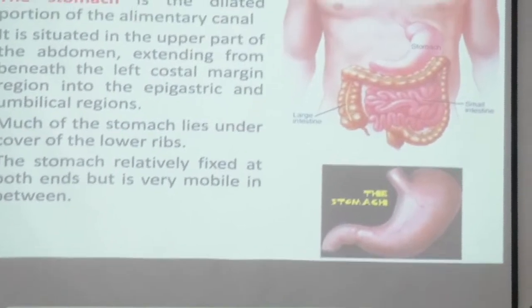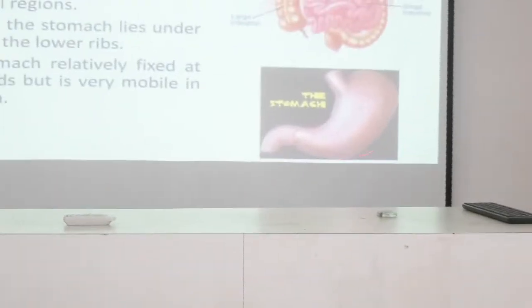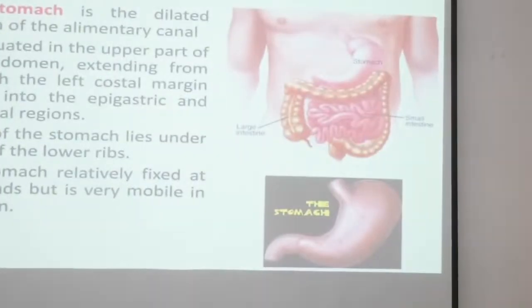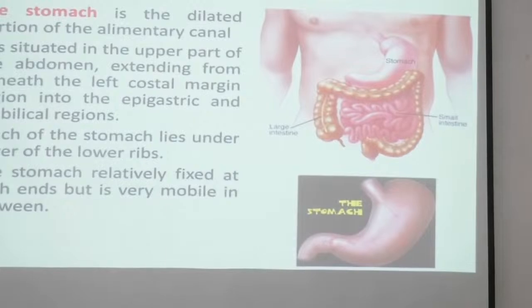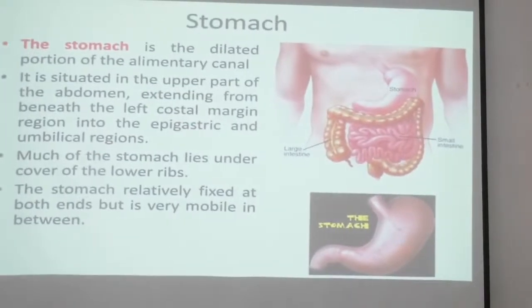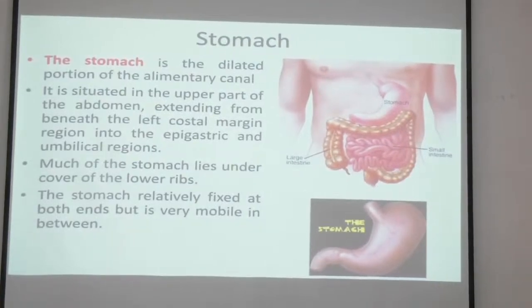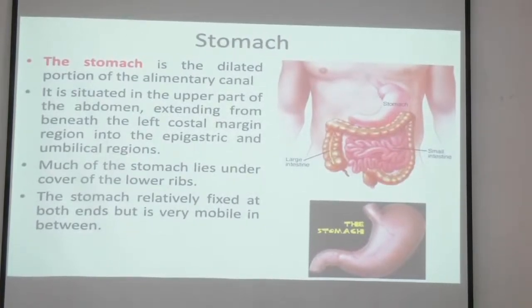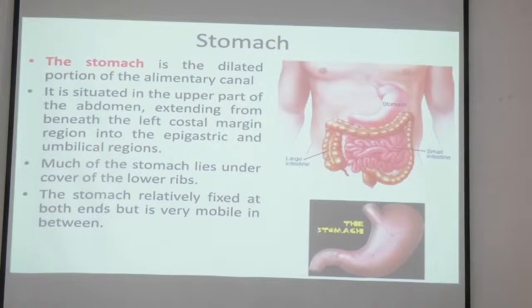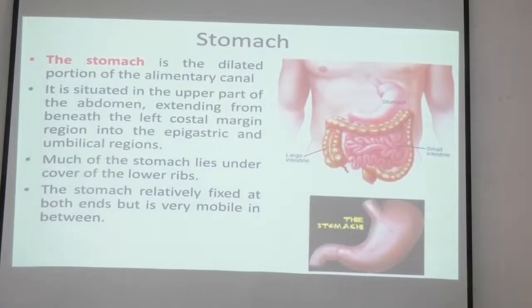So stomach is the dilated portion of the alimentary canal. This part is the stomach. It is situated in the upper part of the abdomen, extending from beneath the left costal margin region into the epigastric and umbilical region. This is the extent of the stomach.